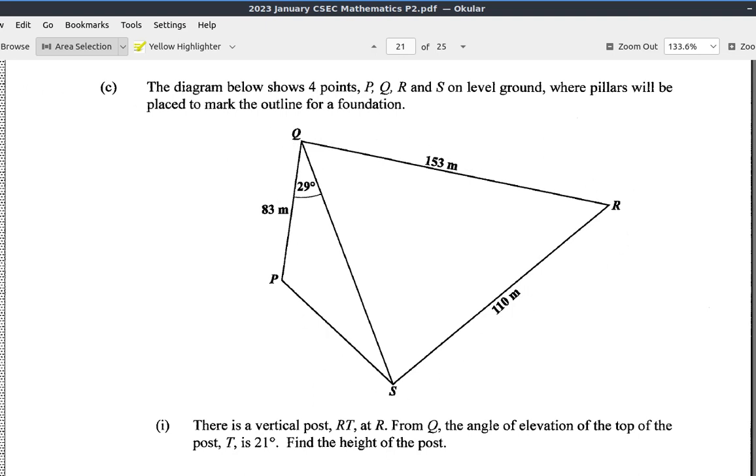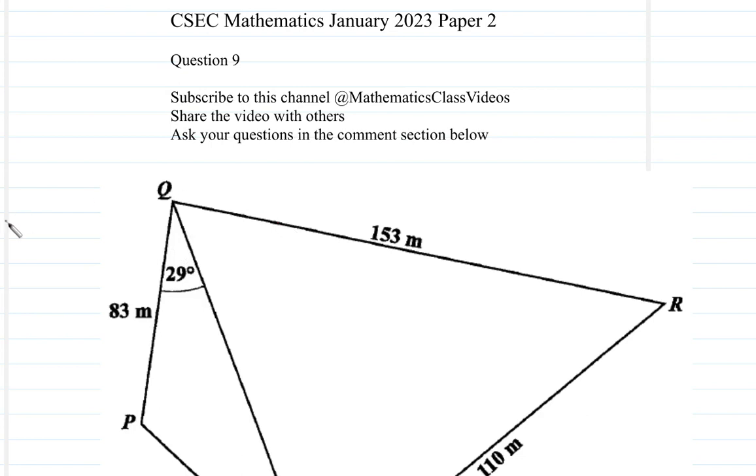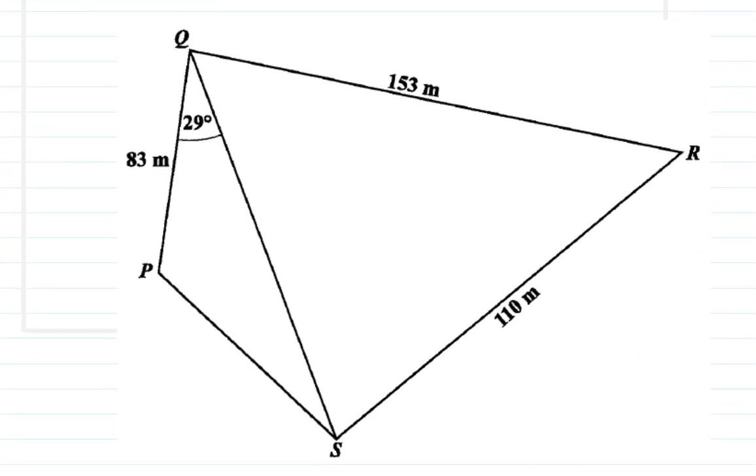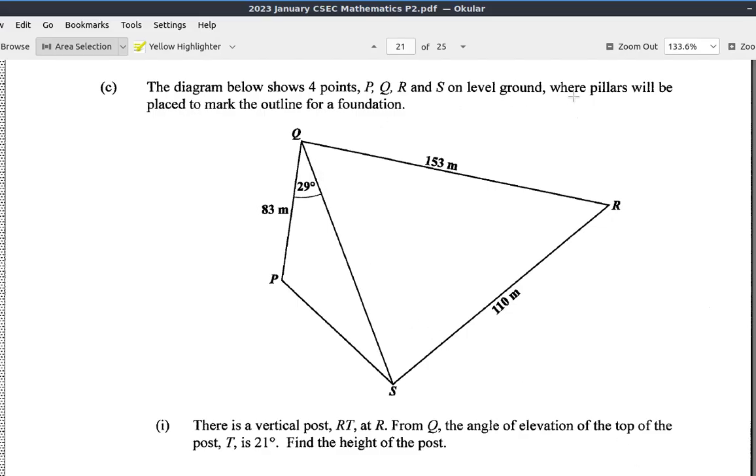Alright, so we have the points P, Q, R, and S here on level ground. So you're in a helicopter looking down, where pillars will be placed to mark the outline of a foundation.